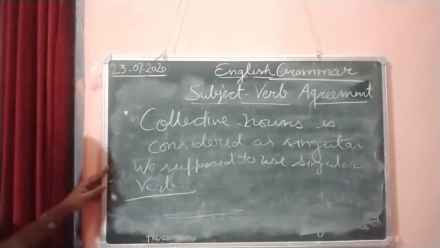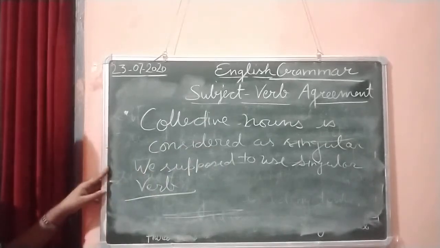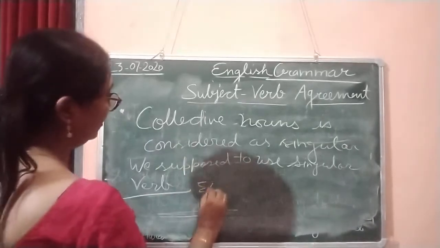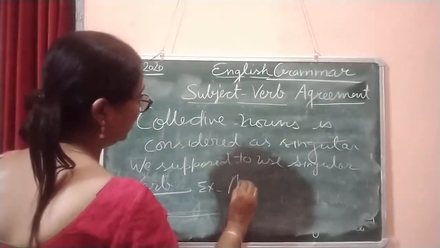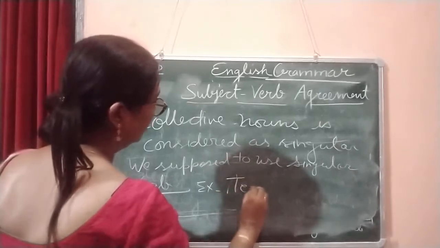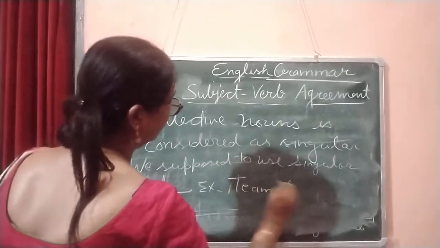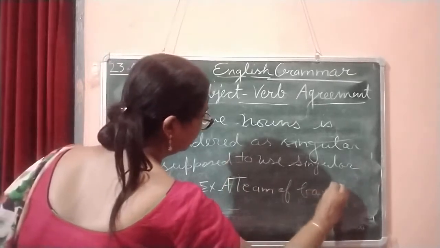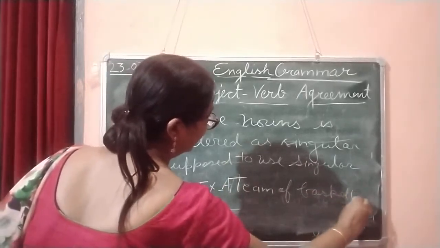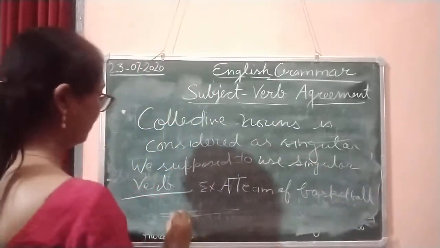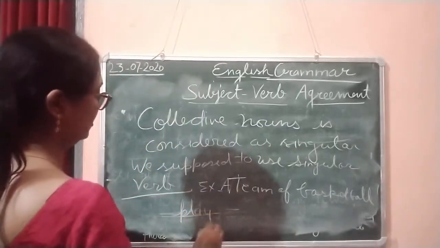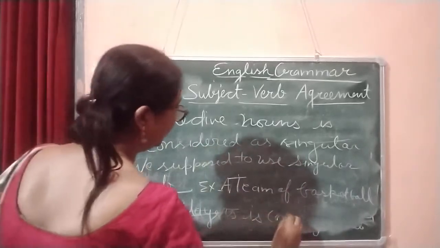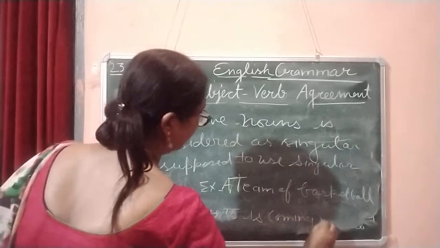If it is written that a team of basketball players, for example, a team of basketball players is coming next week.